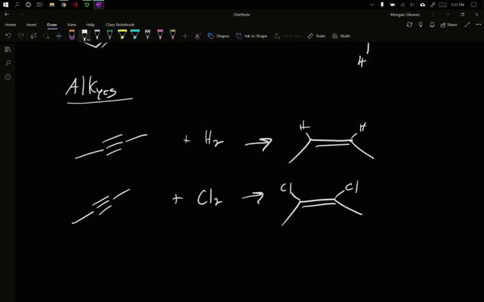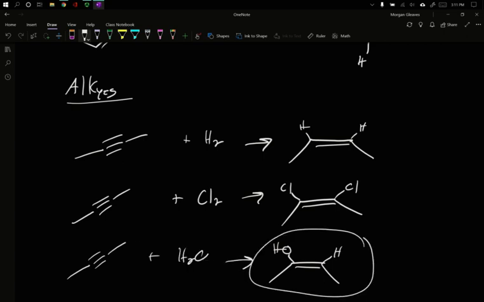Unfortunately, the alkene with an alcohol attached to the double bond undergoes its own reaction. So it's not stable. These are vinyl enols, as they are called. So if you tried an alkyne plus water, you could make what's called a vinyl enol, but this is not stable.